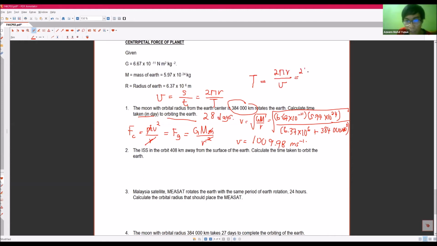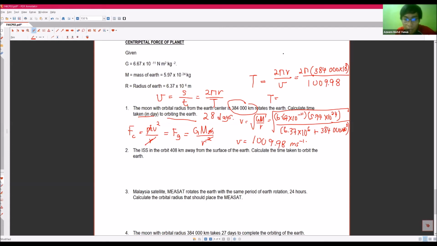So when we plug in, r is the orbital radius, 384,000 times 10 to the power of 3, divided by v, which is 1009.98. So we will get the orbital period, 2 pi times 384,000 times 10 to the power of 3, divided by 1009.98.